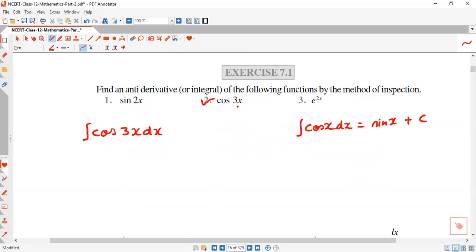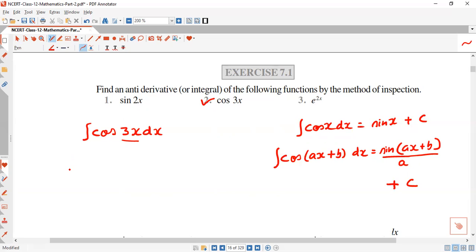Here again it is not x, it is 3x. So we will use the formula with a linear function: the integral of cos(ax plus b) dx equals sin(ax plus b), divided by the constant a, the coefficient of variable x, plus some constant c.